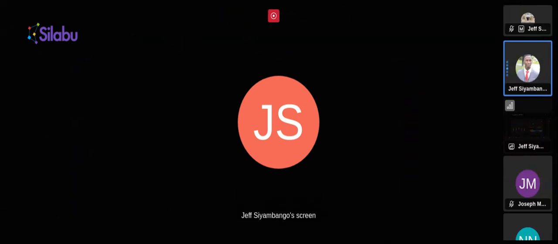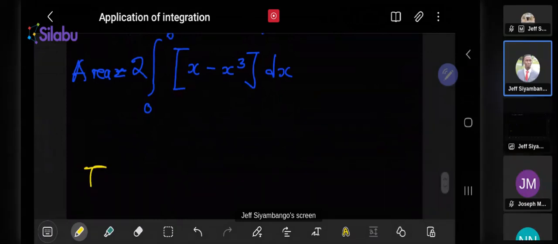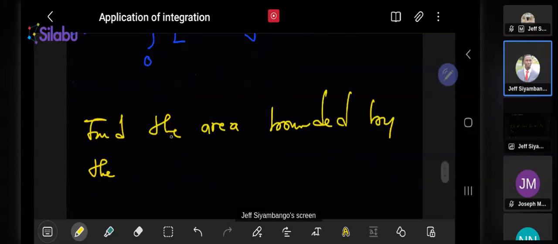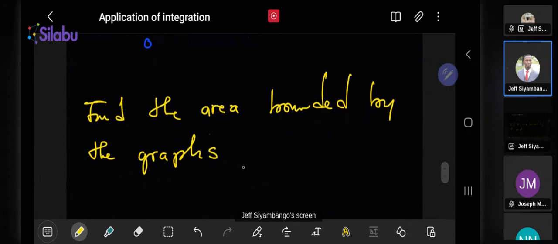So this is find the area bounded by the graphs, and I'll say f of x is equals to, I can even say y is equals to sine x, and y is equals to cos x.